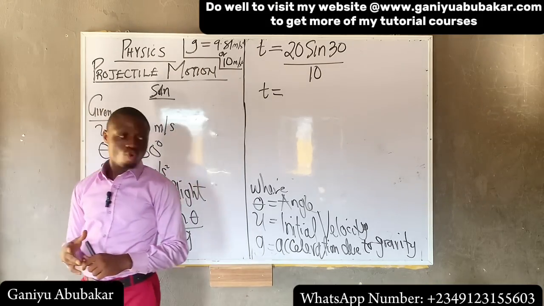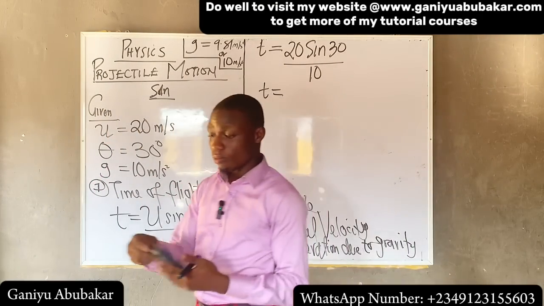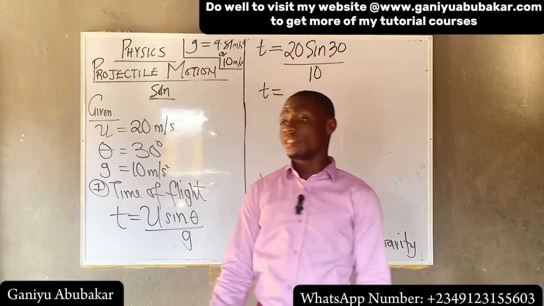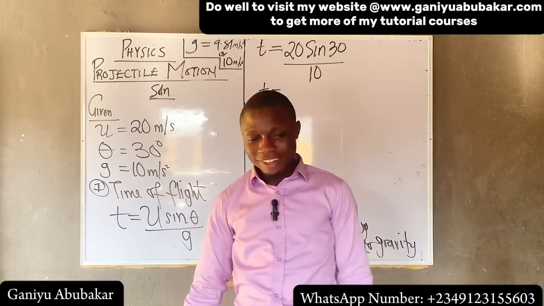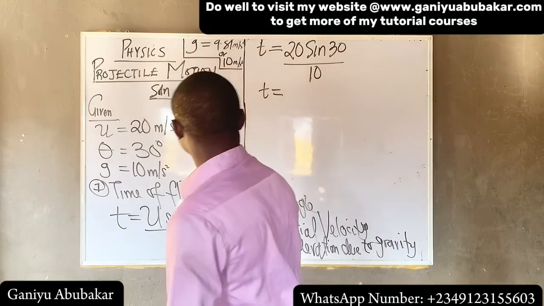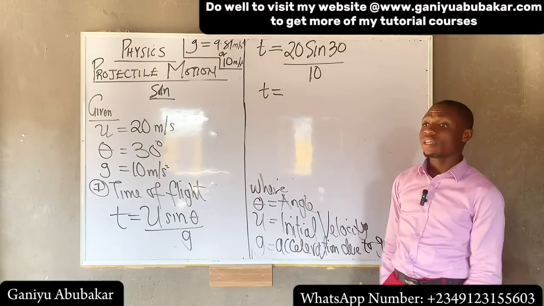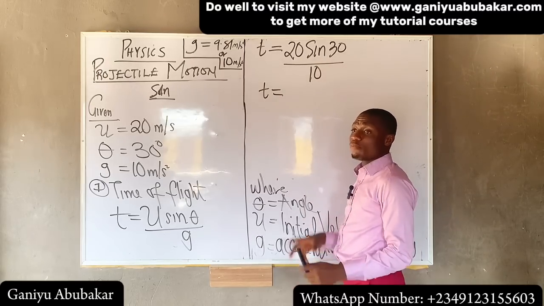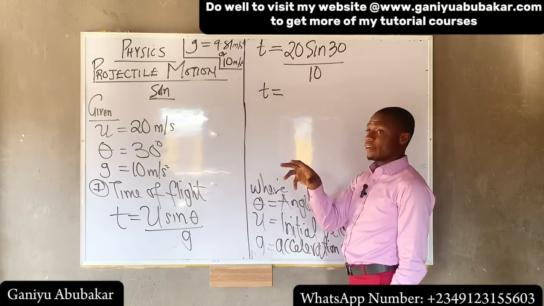Let's use the calculator. Sine 30 has its own value, times 20. You can even punch 20 times sine 30 together, or press 20 first, then sine 30.